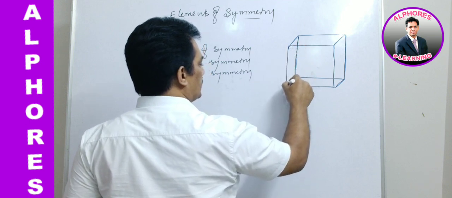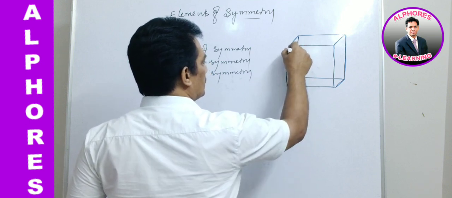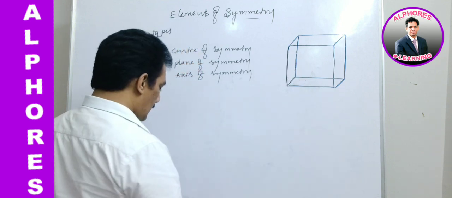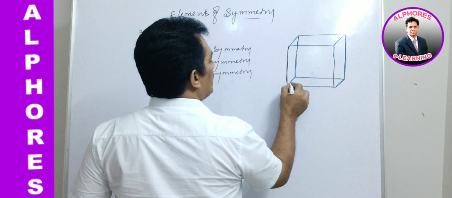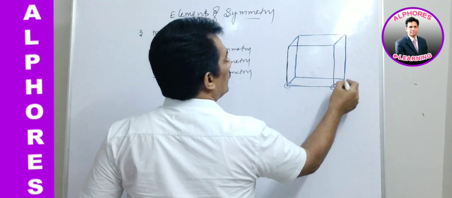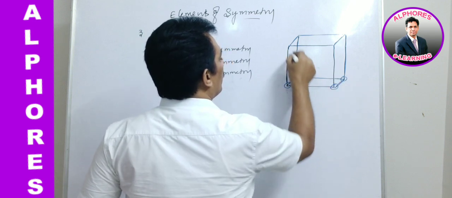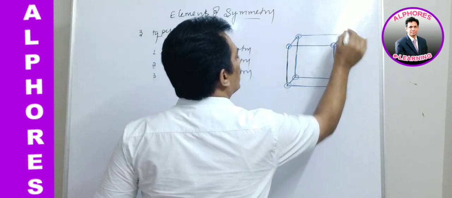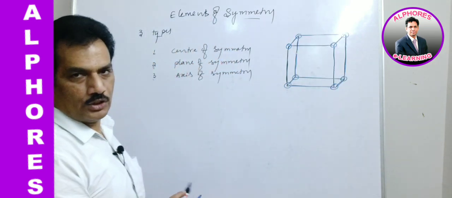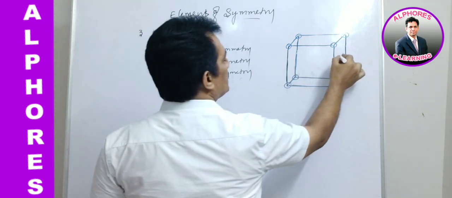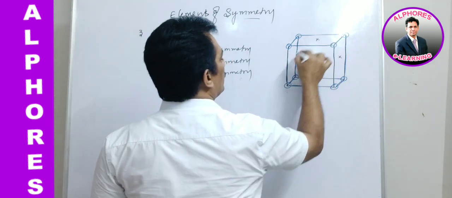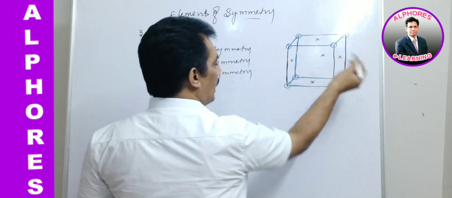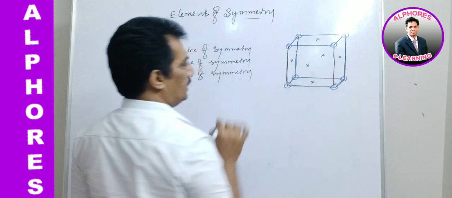These are the edges. Is it not? And now corners. There are 8 corners for the cube: 1, 2, 3, 4, 5, 6, 7, 8 corners. Just you remember. And these are the face centers: 1, 2, 3, 4, and one back side or rear side and one front side.